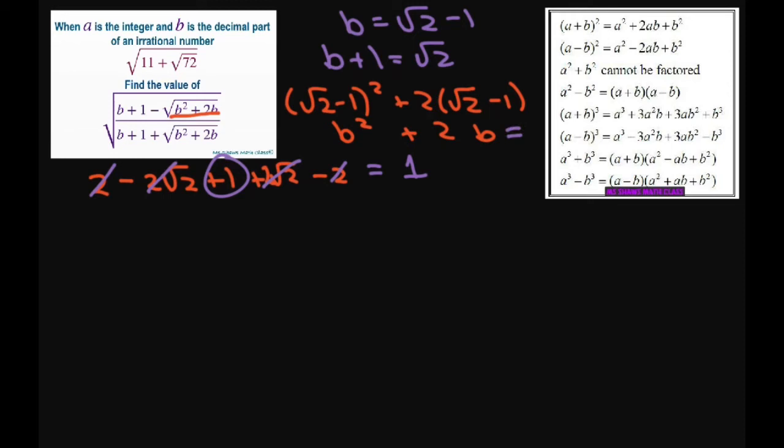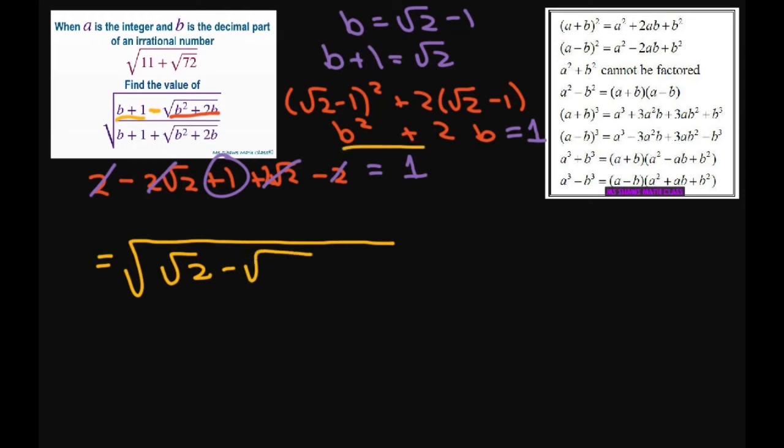So this whole thing just equals 1. So using substitution, we're going to get the square root of B plus 1, and B plus 1 is square root of 2, minus the square root of B squared plus 2B. So that's square root of 1.